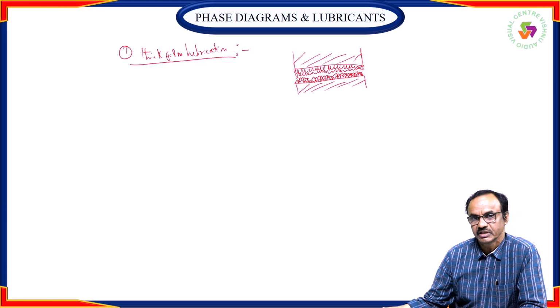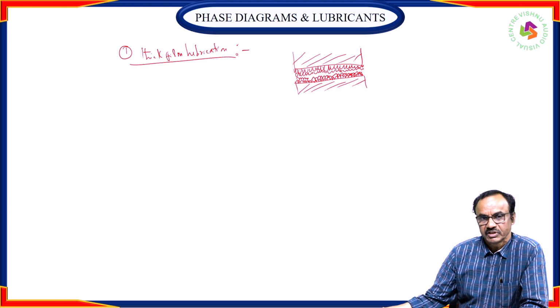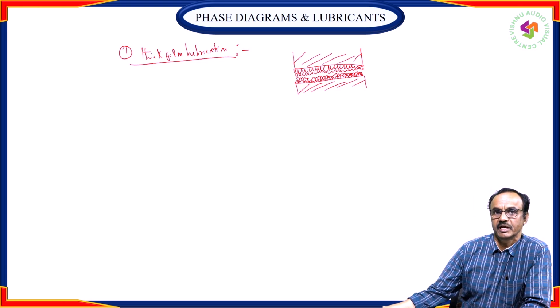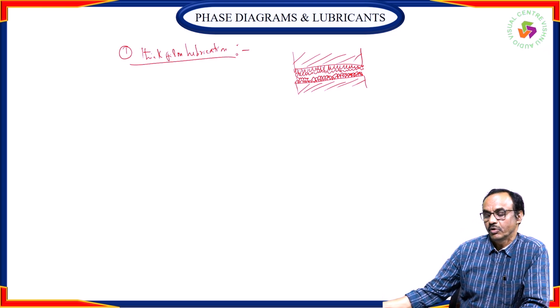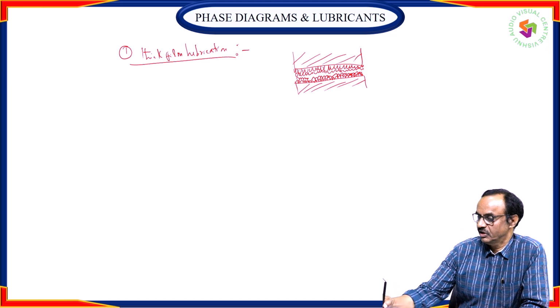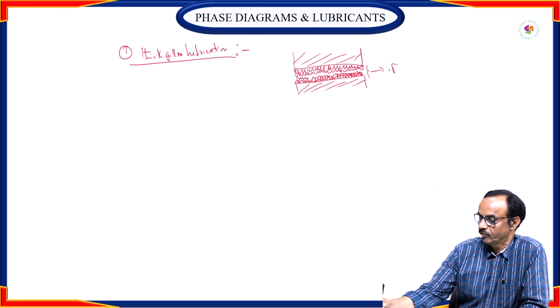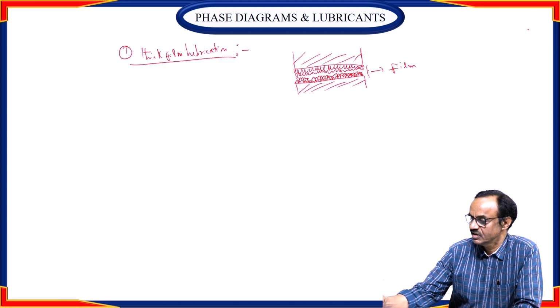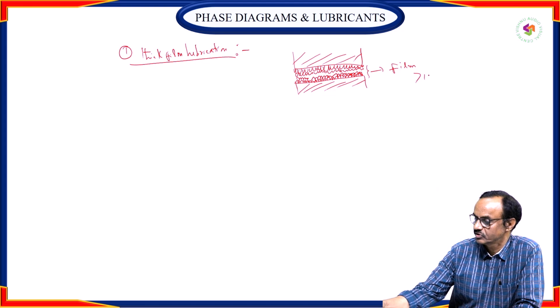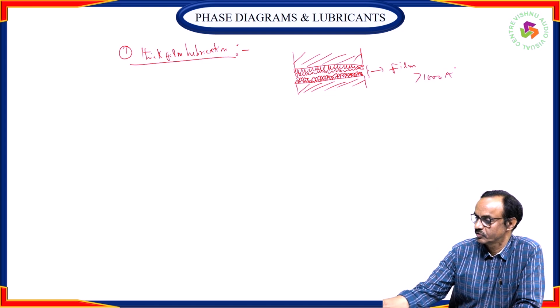For explanation, diagrams are mentioned in the textbooks. By taking the same diagram, I am going to explain. So in thick film lubrication, when you apply lubricant between moving, rotating surfaces, film formation takes place. The thickness of this film formed is above 1000 angstroms.